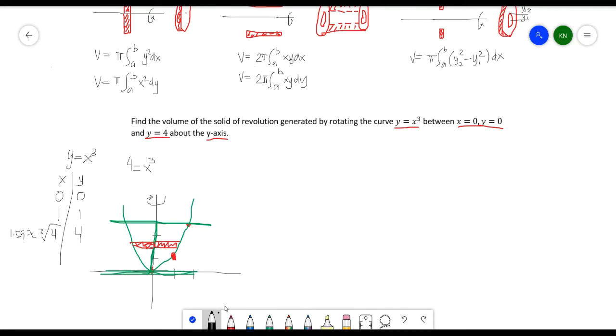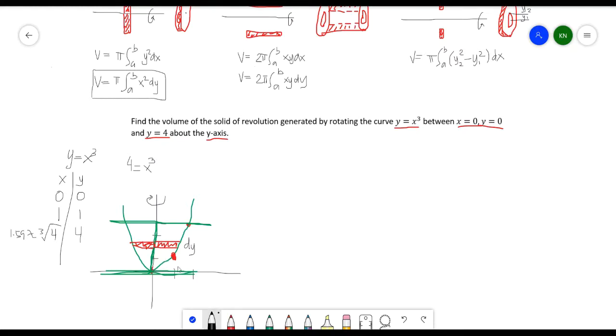So if we use a circular disk in our equation, we will be using this equation. Since our strip has a change with respect to y, since this is horizontal, meaning to say if our strip has changed in y, our limits will also be with respect to y.